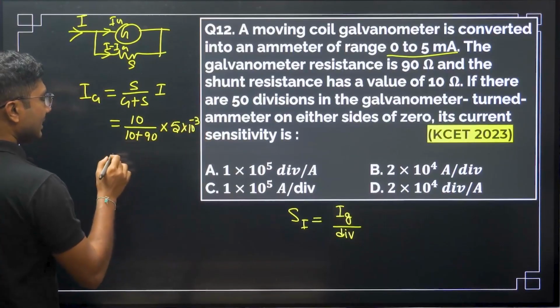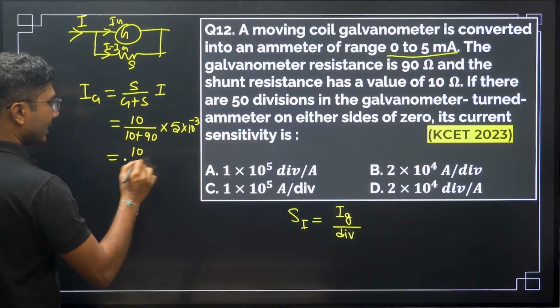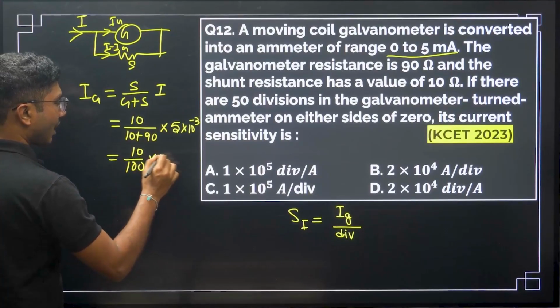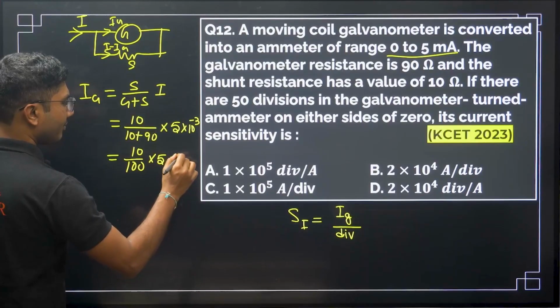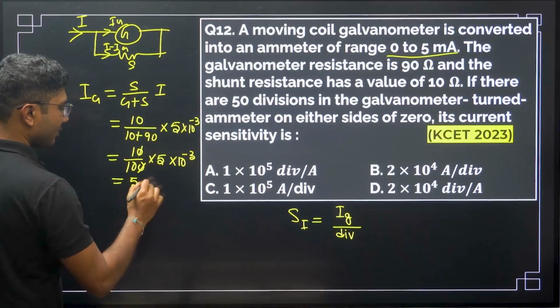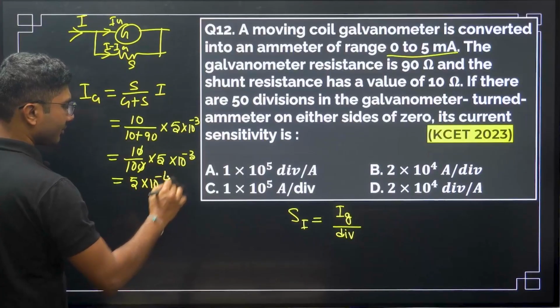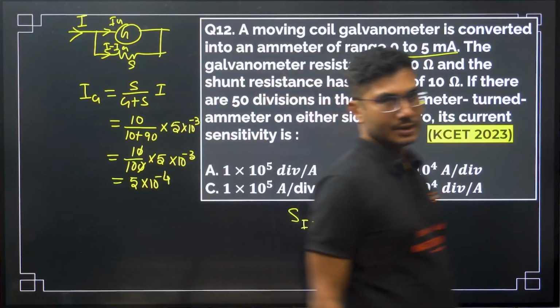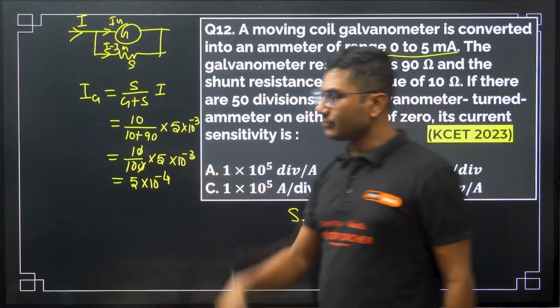So Ig will be 10 by 100 into 5 into 10 to the power of minus 3, the zero will be cancelled and you will get 5 into 10 to the power of minus 4. So this is the current Ig.